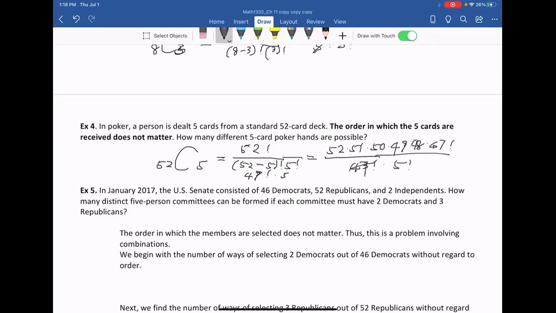Oh, sorry, this is 47. Canceled out. And 5 factorial, we can get 5 times 4 times 3 times 2 times 1. Canceled out this 10.